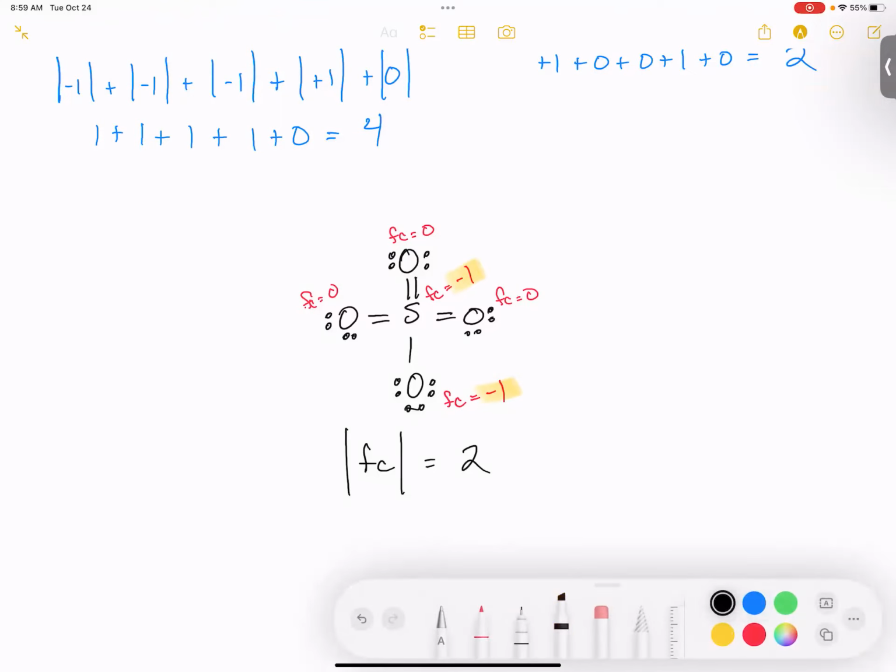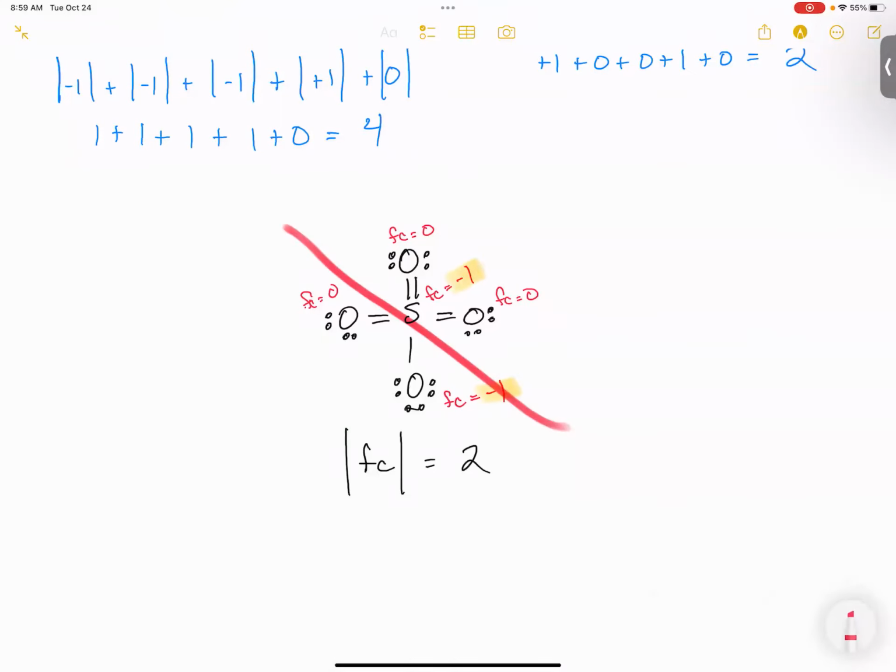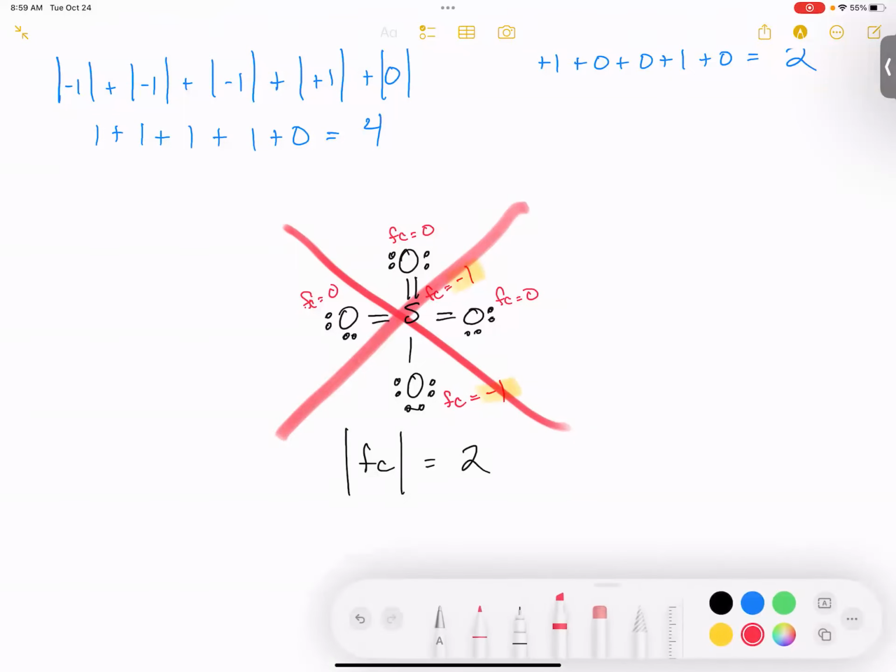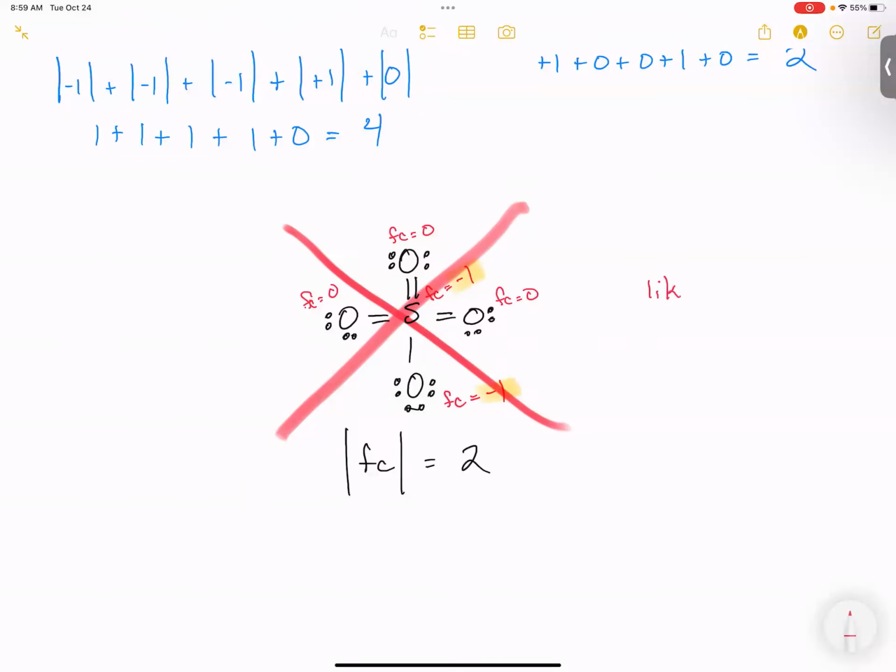So this one is not valid because like formal charges cannot be on adjacent atoms. So even though the overall formal charge was the exact same, it can't exist.